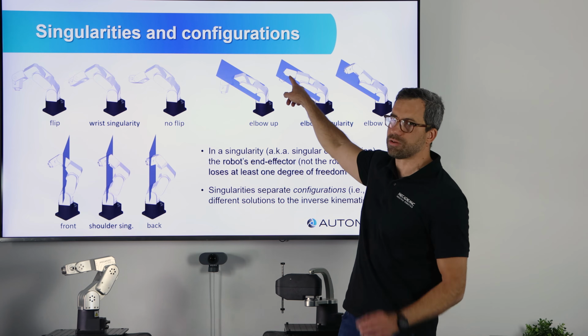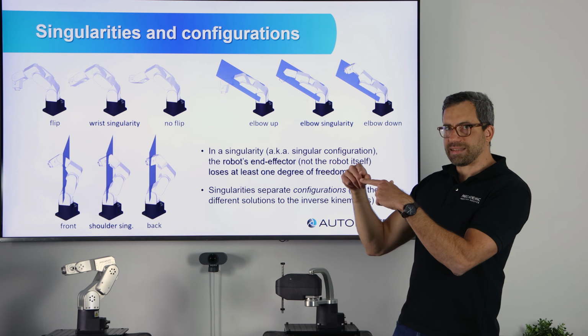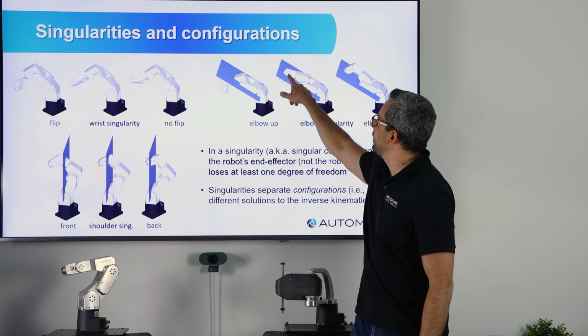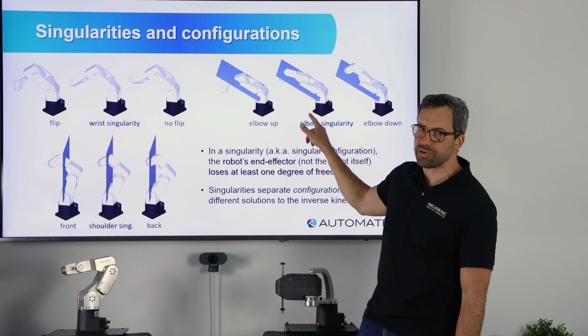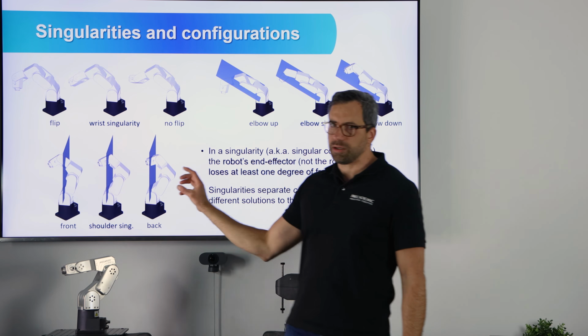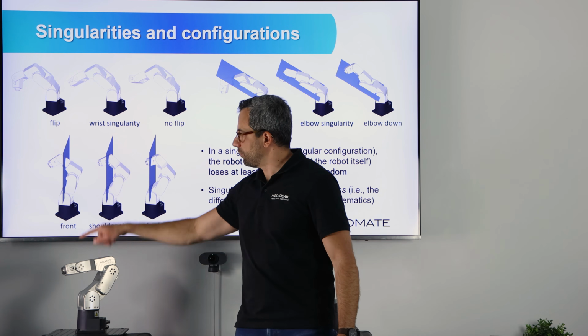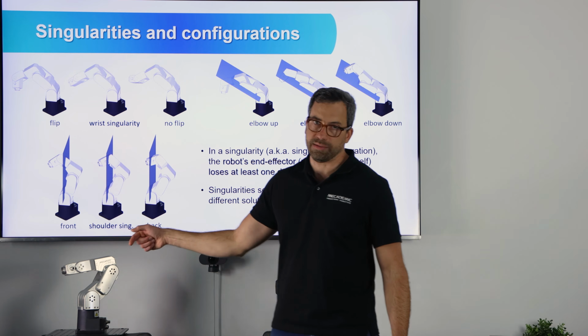Basically the center of the wrist, which is really like where the 3 axes, the last 3 joints, intersect, when this point is in the plane of axis 2 and 3, there we have the singularity. And the shoulder singularity in this architecture is when the center of the wrist is on the axis 1.